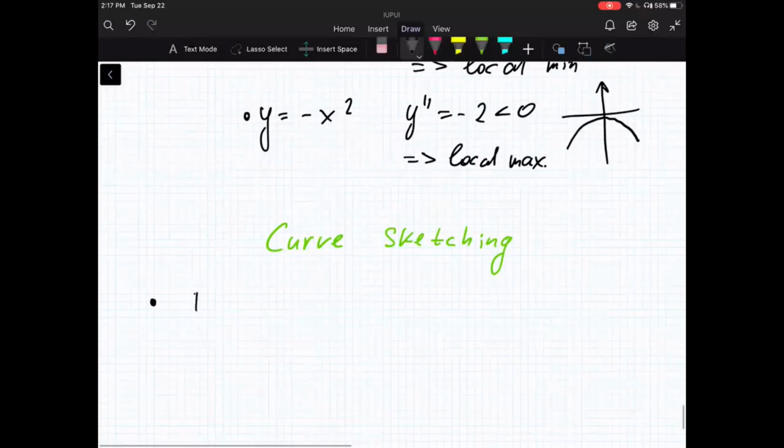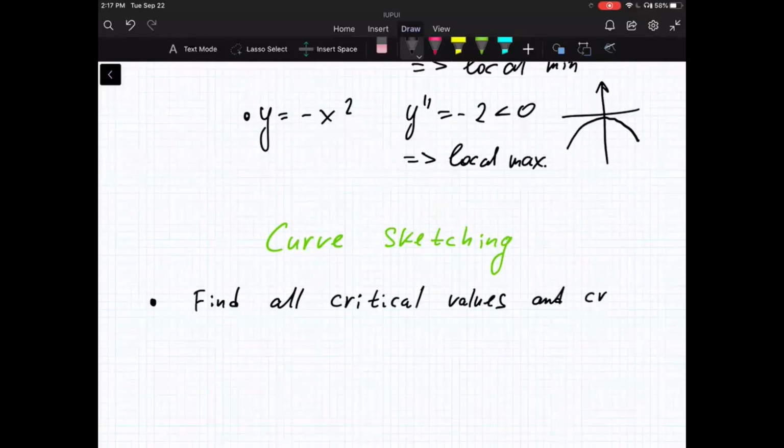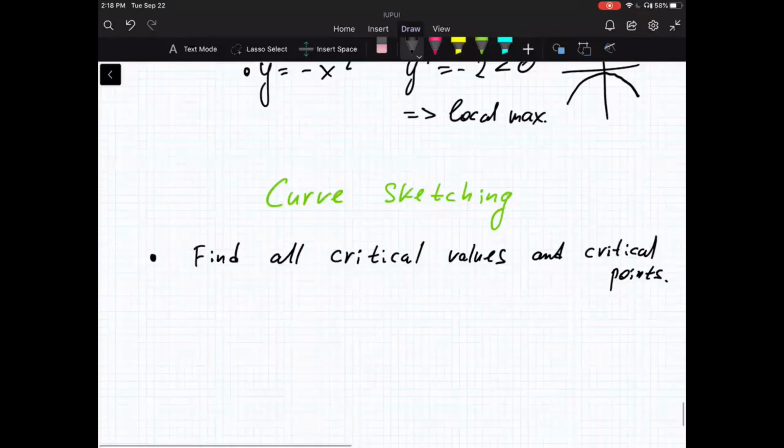First is to find all critical values and critical points. Maybe you should first find critical points and then critical values, but okay. No, critical values are x coordinates, so it's fine.